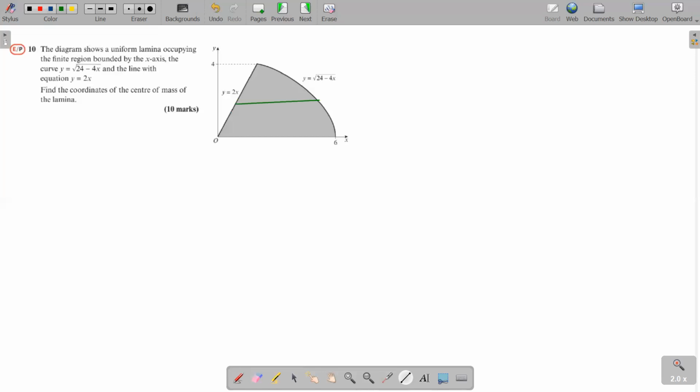Can you see what's the advantage in doing this? When you take horizontal strips, you are taking into account both of the curves. So this is the correct way to do it. The horizontal strips are going to make your life easier.